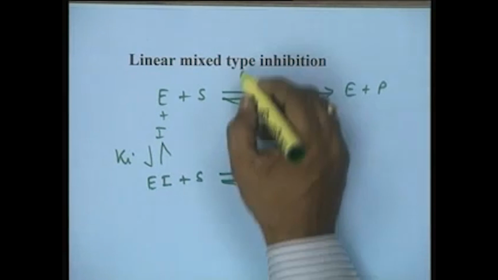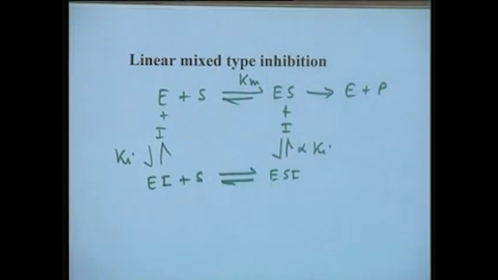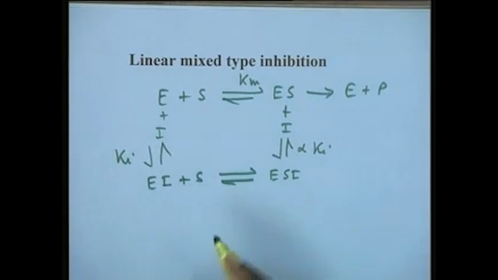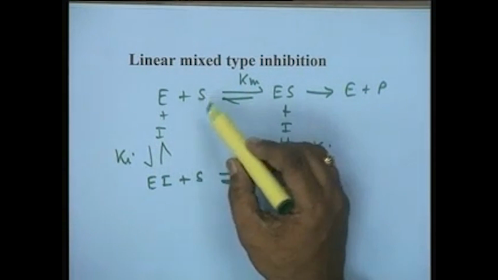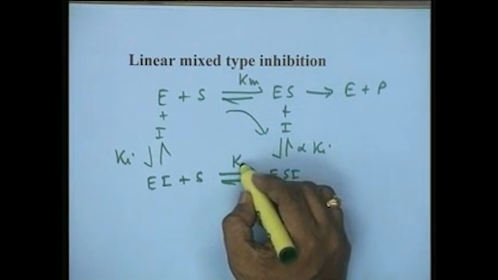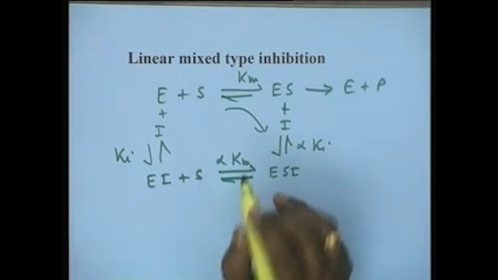Now, obviously, if the inhibition constant for this is Km, and if the system has to come to an equilibrium, then the equilibrium constant for reaching ESI from either side must be identical, and that way this inhibitor constant will also become alpha Km.